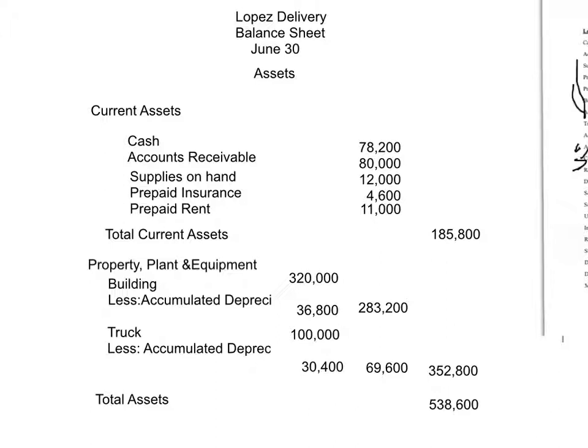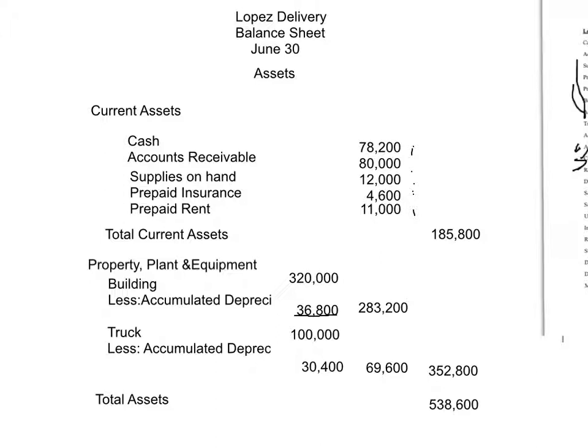So therefore, you notice the inside column here. To the outside, so total current assets are $185,800. Then property, plant, and equipment. We have building less accumulated depreciation, and so therefore, it's $283,200 left to be depreciated.